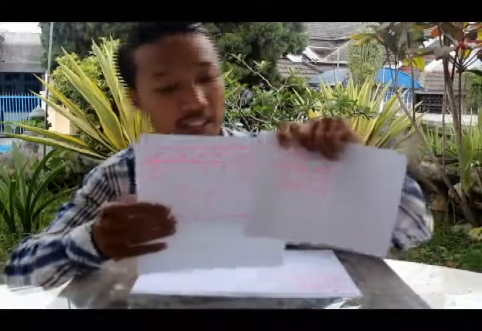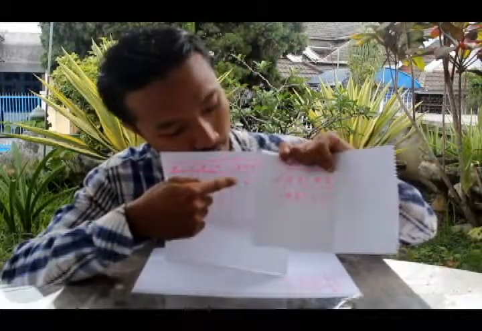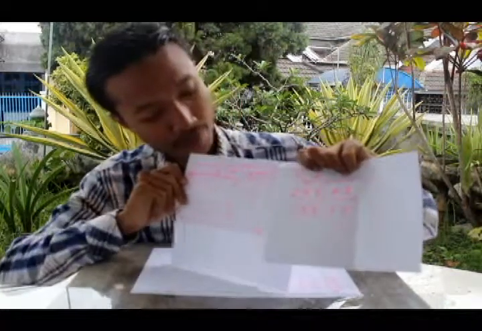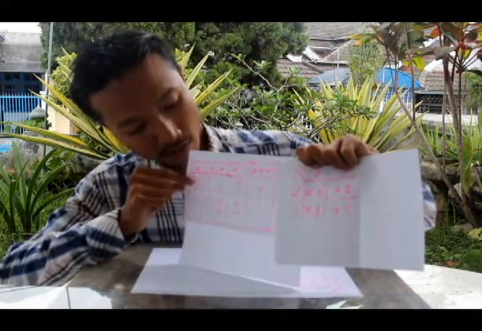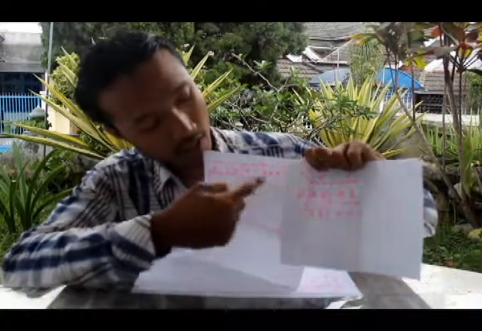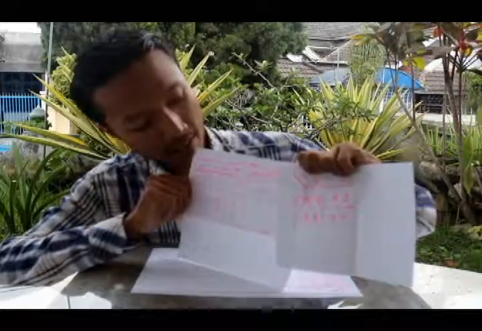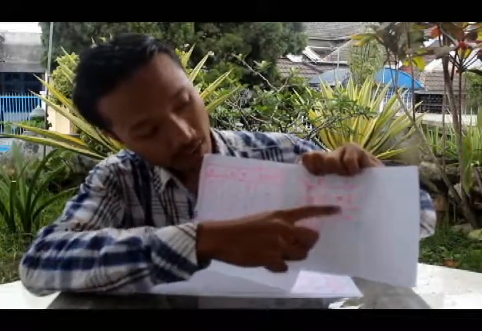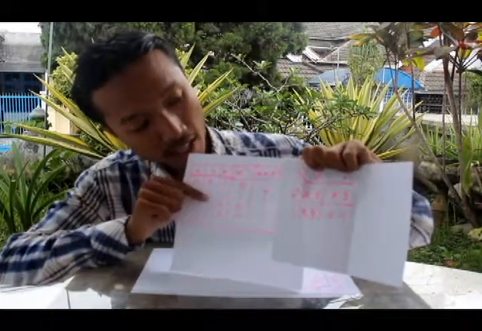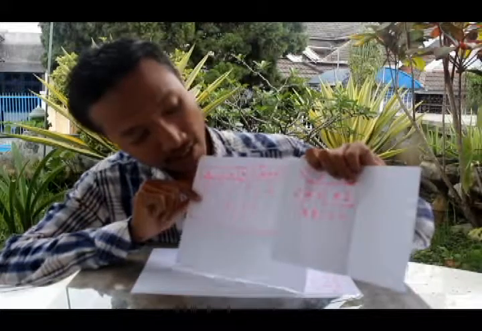So let's substitute this into the Karnaugh map. X 0 y 0 here, so the answer is 0, and in this cell is 0 and 1 here.